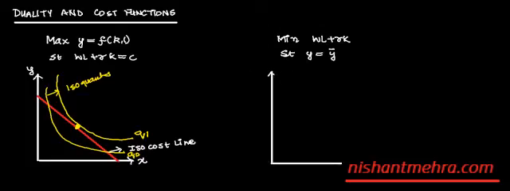Right? Well, this X is nothing but your L and K. So you have labor and capital here, and you draw an isoquant, let's say Q1.